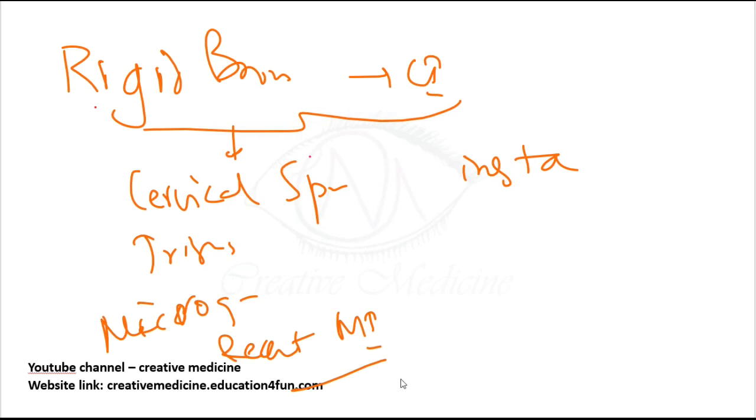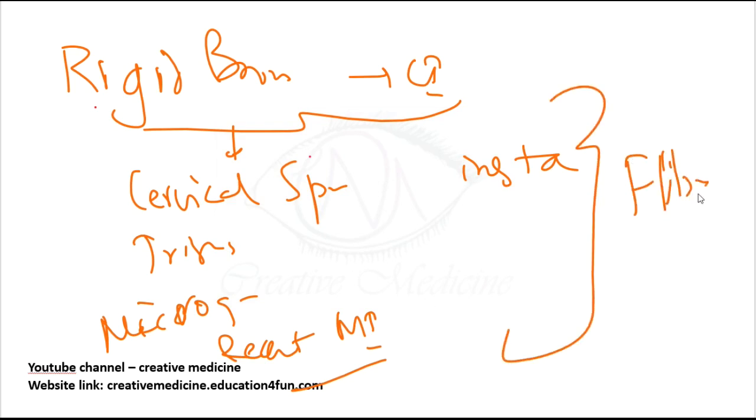Cervical spine instability, trismus, micrognathia and recent MI. In these cases we do fiber optic bronchoscopy. So thank you.